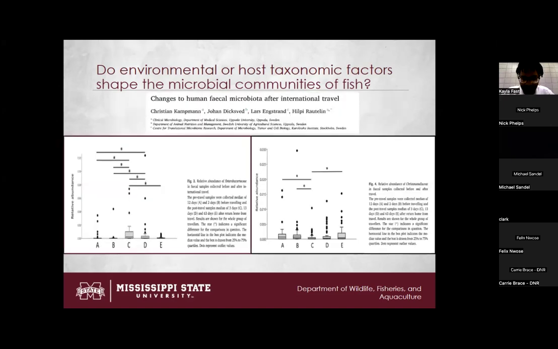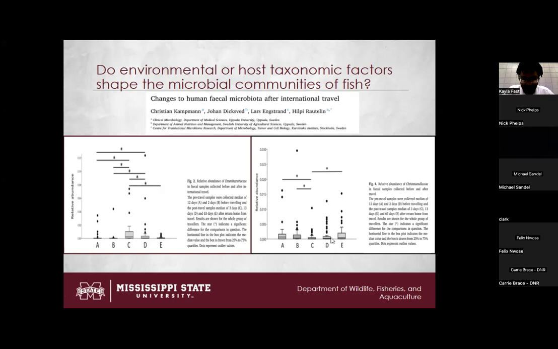And looking at this study here, we see that in humans, about 2 weeks after travel, the proportions of bacteria that are heavily associated with dysbiosis change, as well as the proportions of bacteria that are associated with healthy bacterial communities change and decrease.